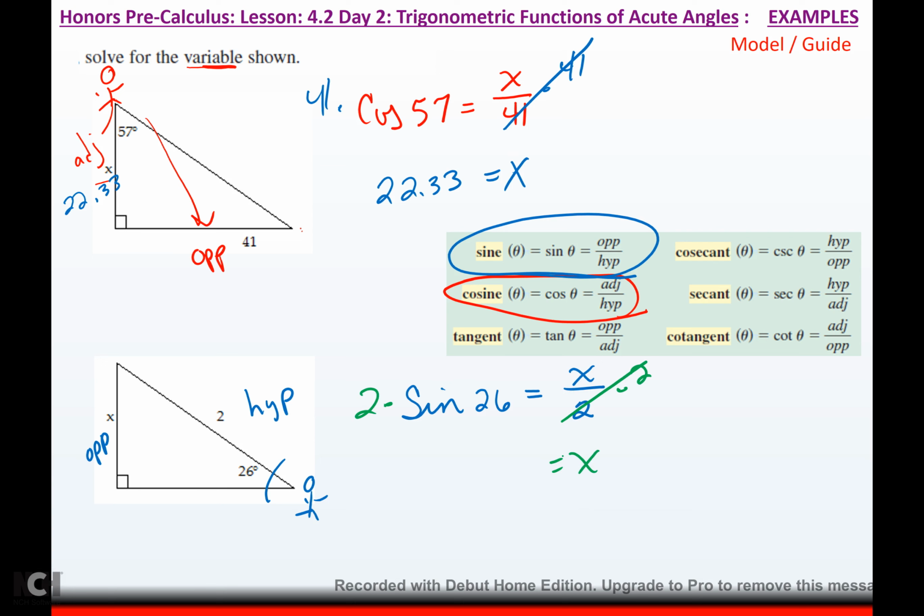So 2 times sine 26, and you get 0.8767. Okay? Let me just check one thing. Alright, so this side would be approximately 0.8767.